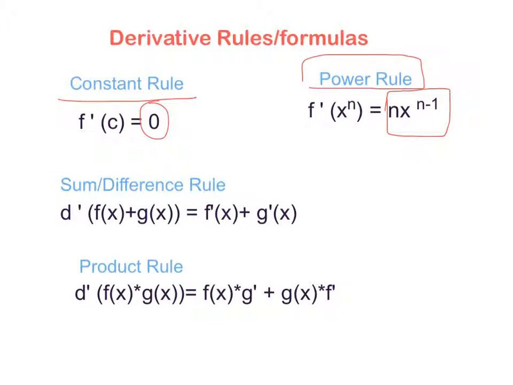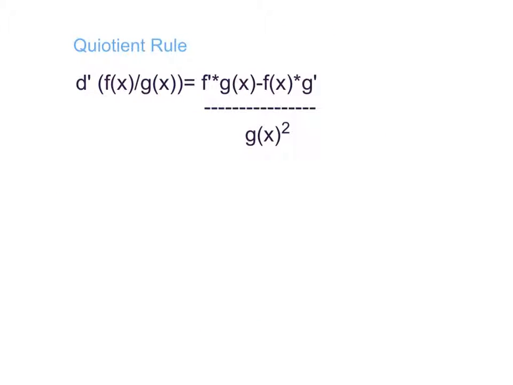Then we have the product rule. The derivative of f of x times g of x is equal to f of x times the derivative of g plus g of x times the derivative of f. Then we have the quotient rule, which is useful in a division.